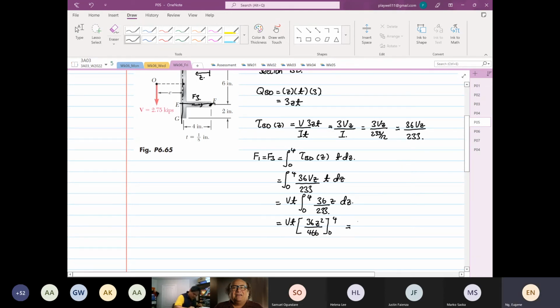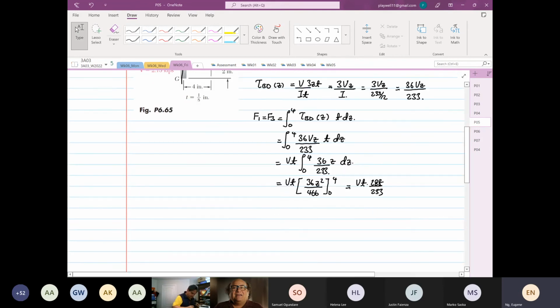Then over here, you substitute your 4. So 36 times 16 divided by 466 is equal to 288 over 233. So we are almost there now, okay? Then now we are going to take moment.